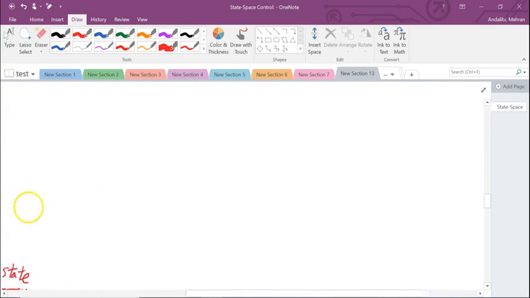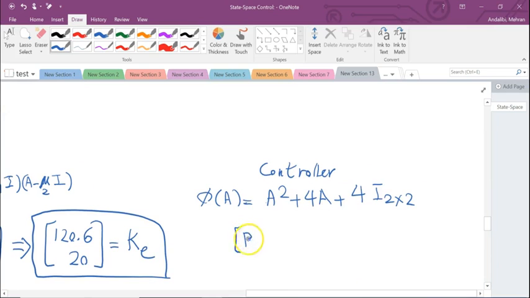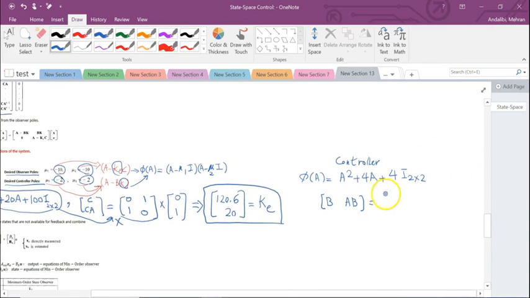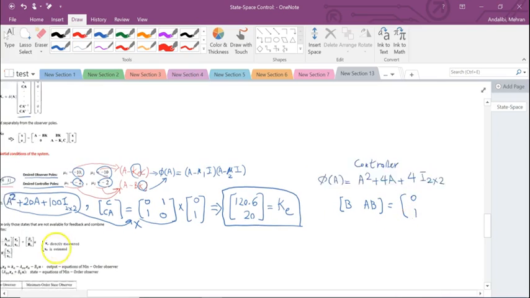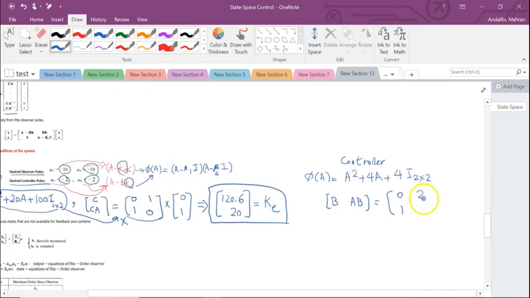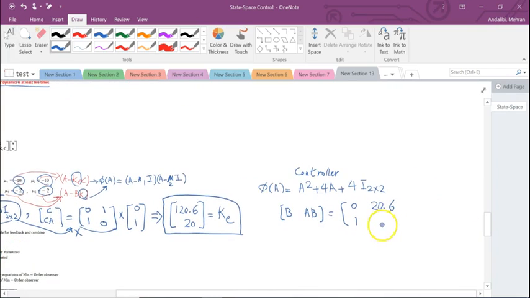So if we go back here, we need B and AB. In this case, B is 1 and 0. And A times B, if you multiply these two by that, you get 20.6. If you multiply the second row by B, you're going to get a 0.